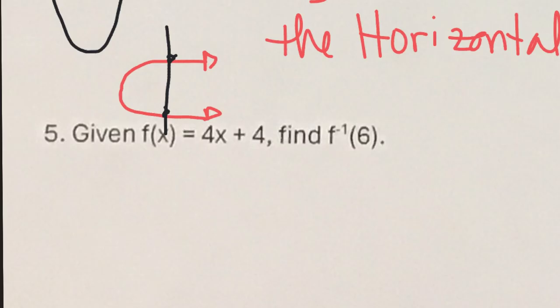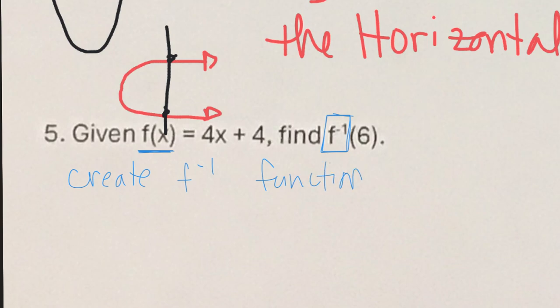notation. If this is your f function, how do we find f inverse at 6? Well, one way is to create our f inverse function. If we want to find f inverse at 6, we need to know what is f inverse. Right? Makes perfectly good sense.